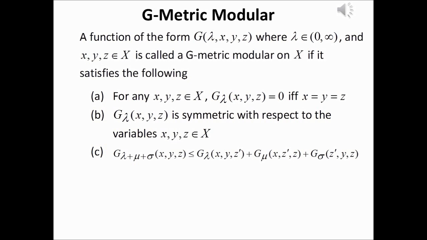The G-metric space is said to be complete if every Cauchy sequence in it converges to a point in X. And then finally, the Banach fixed point theorem says that if the pair (X, G sub D) is a G-metric space which is complete, and T is a self-map which is a contraction, which basically means the G distance between T of x, T of y, and T of z is less than or equal to C times the G distance between x, y, and z for all x, y, and z in X, where C is a positive constant less than 1, then T has a unique fixed point.